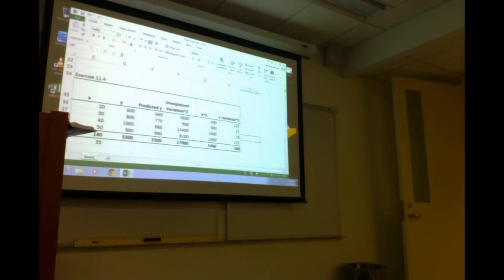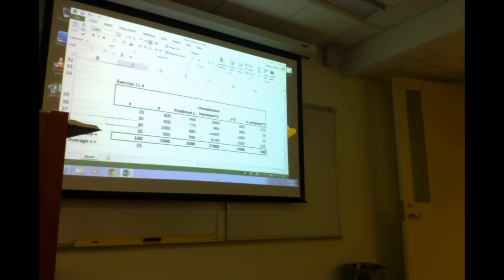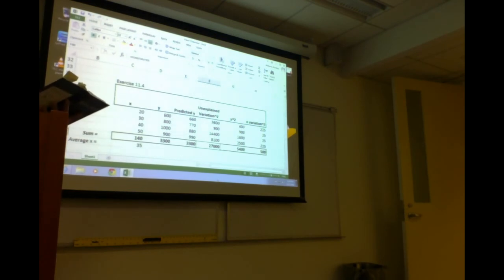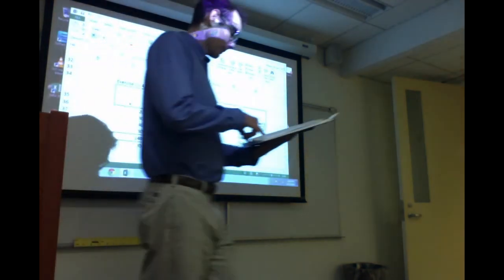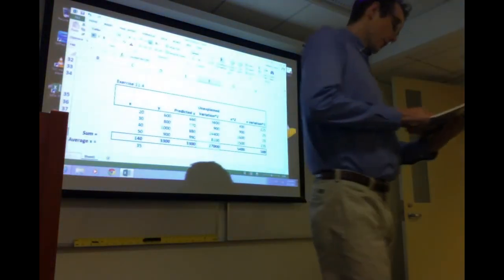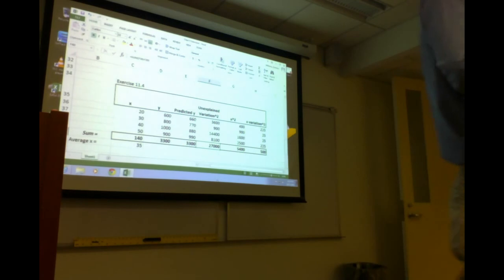Sum of squares error, unexplained variation squared, 27,000, divided by n minus 2. Take the square root of that. So standard error of the estimate is 116.2.